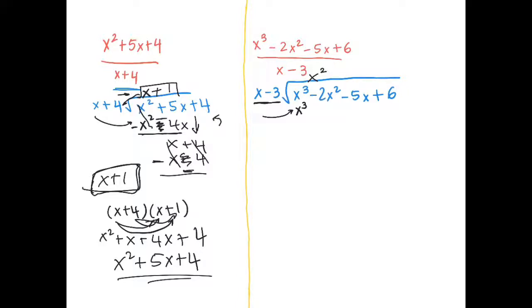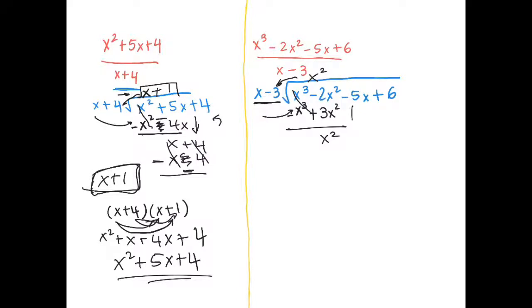And now we've got x squared times negative 3, and that'll be minus 3x squared. Now remember, we have to change the signs. So now this would become negative x cubed plus 3x squared. Now if we take this, the x cubes will cancel out, and we'll just get x squared.